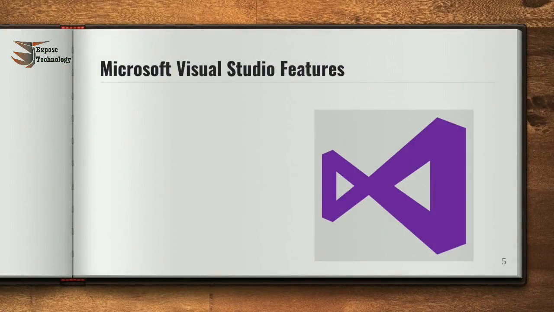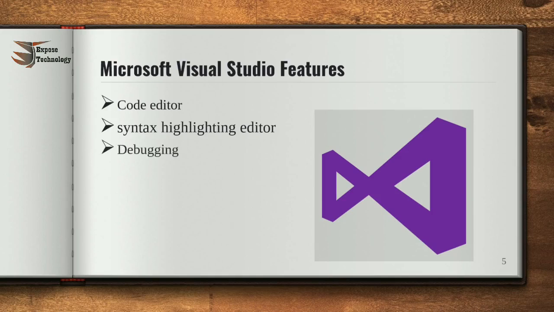First of all, we will discuss Microsoft Visual Studio features. It provides us a code editor in which we can write our code, a syntax highlighting editor. If there is any error in our code, it will automatically highlight that section. We can also debug our program using Microsoft Visual Studio. We can also compile our program using Microsoft Visual Studio.